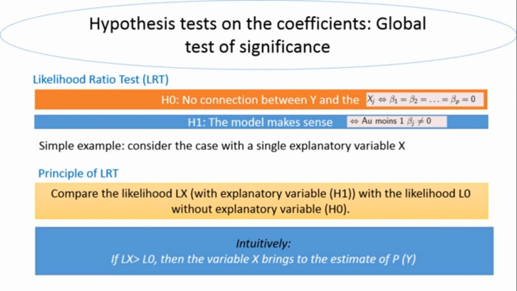The null hypothesis is that there is no connection between y and the xi, which means that every coefficient in our logistic model is null. The alternative is that the model makes sense, that is, at least one coefficient is different from 0.